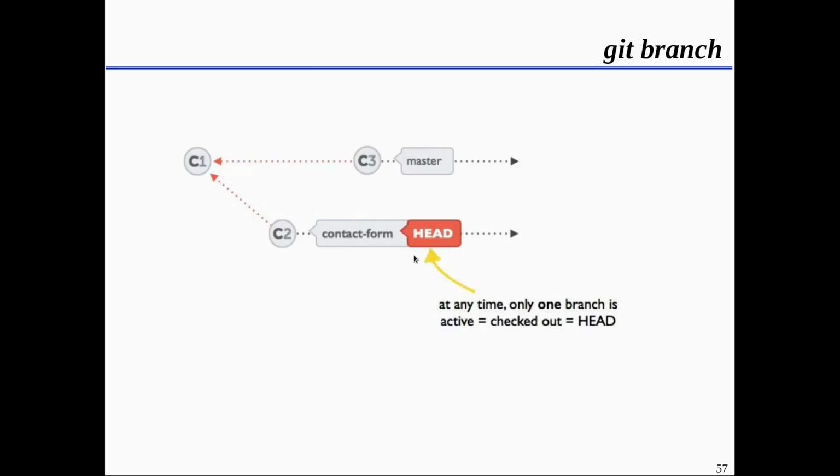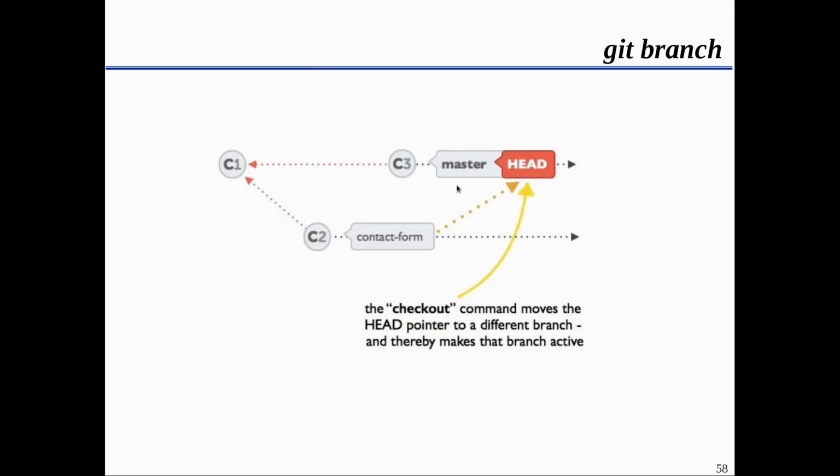Now that's where I'll be developing. And at any point I can say git checkout master and immediately be in master with all of its changes. That will move me from here to here. I haven't moved directories or anything, but it allows me to see different versions of the code along the branches.